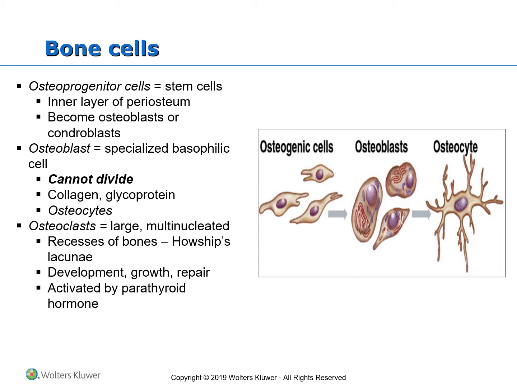On the other hand, I was telling you about the osteoclasts, and those are large multinucleated cells that live in certain spaces of the bone that are called Howship's lacunae. Their main role is to repair, replace, and remodel the bone when needed, and they're activated by what is called the parathyroid hormone. It's a hormone that is secreted from the parathyroid gland.